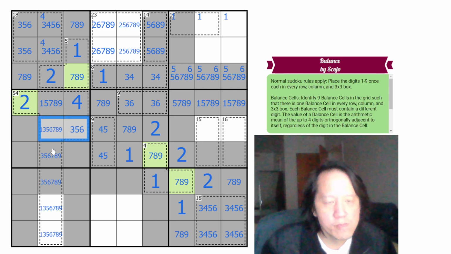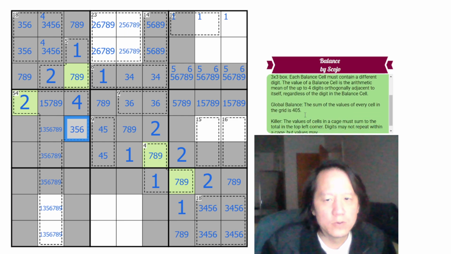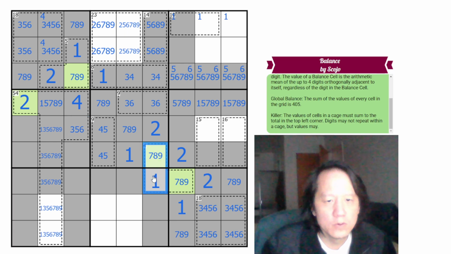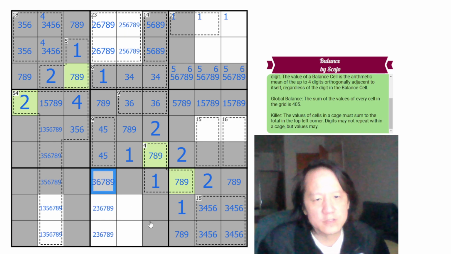Hmm. 2 cannot be here. This is again, it can be 2, 3, 6, 7, 8, 9, and obviously this can't be 2.